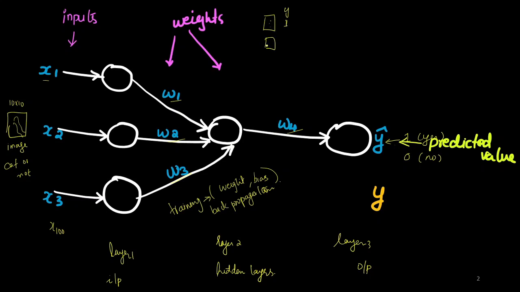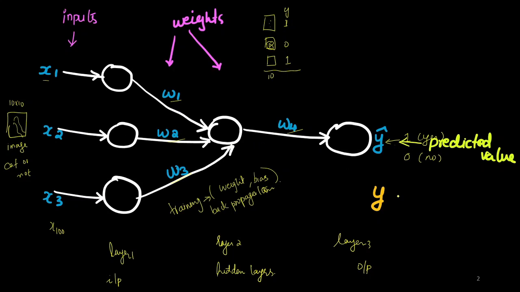If the image is not of a cat, if it is a flower, the y value will be 0. So we have labeled data here. Suppose we have 10 images, and for all 10 images we know the y value, that means we know whether it is a cat or not a cat. Based on this known data, we are training the network.